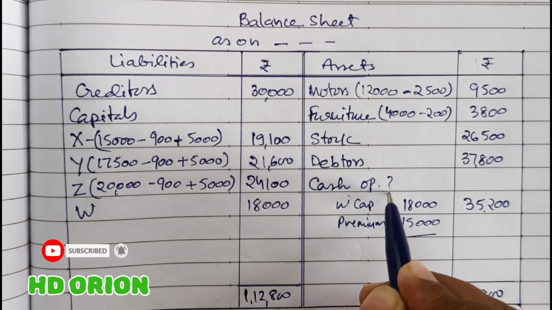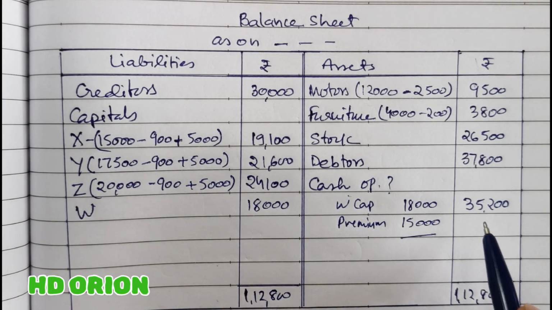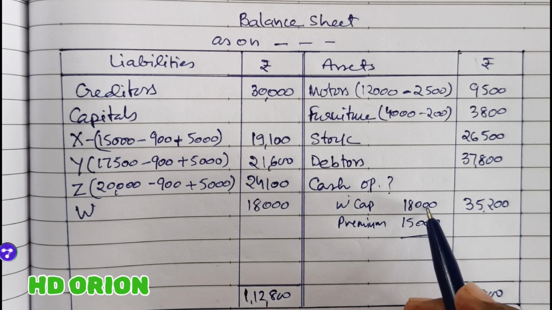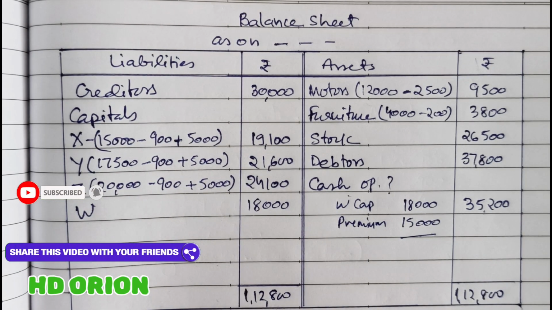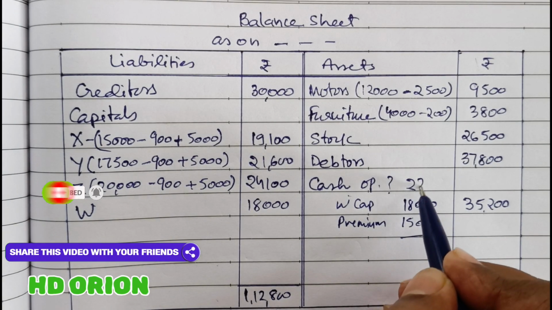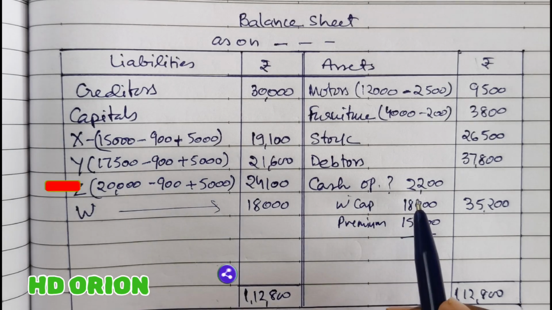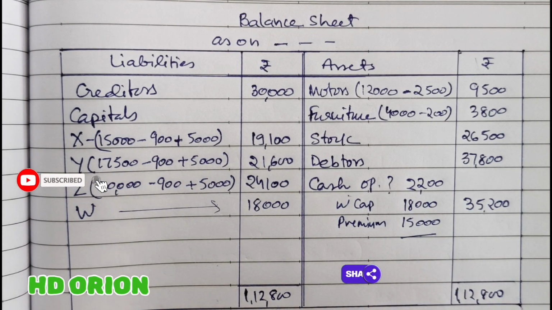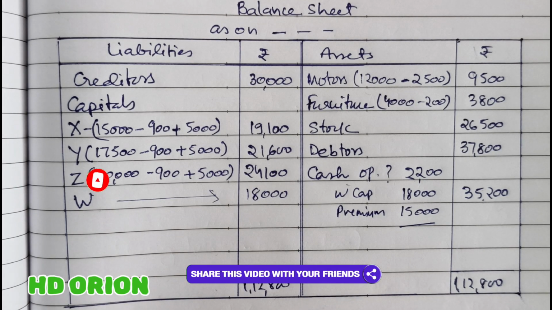So the balancing figure is the opening capital, which you can figure out very easily. So from 35,200, subtract these two amounts, you will get the opening capital balance. And this amount is rupees 2,200. So before W joined as a new partner, the cash balance with the firm was rupees 2,200. So this way the balance sheet is to be drafted.